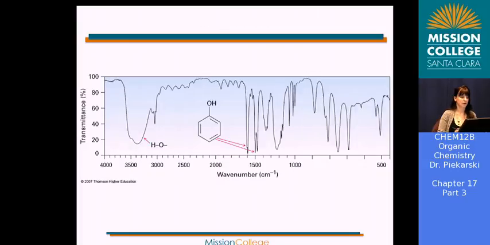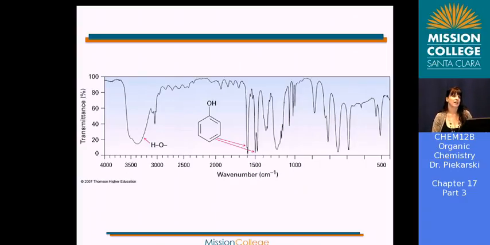Phenols will be very similar in their OH band, strong and broad, around 3,000 wave numbers. However, you should also look for the aromatic peaks, one at 1450 wave numbers and one at 1600, that show up to illustrate aromaticity. In addition, you should also look at the fingerprint region to look for what type of substituted phenol you have. Is it mono?